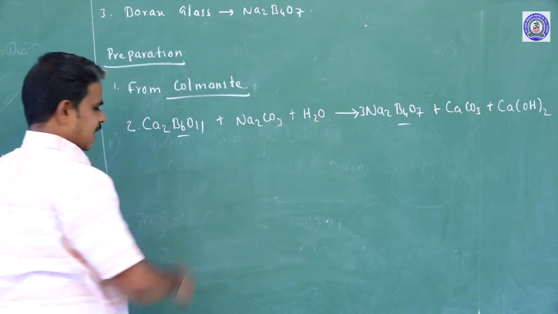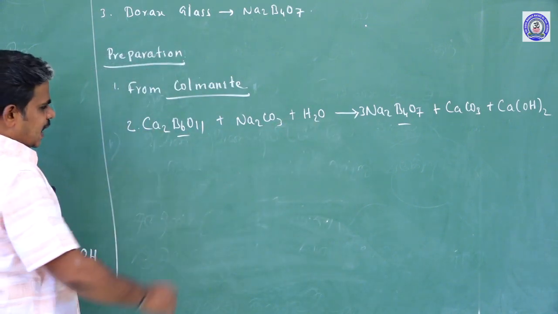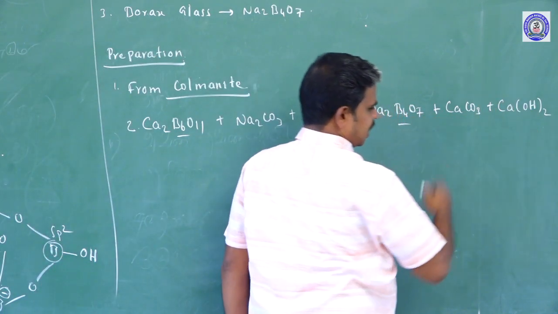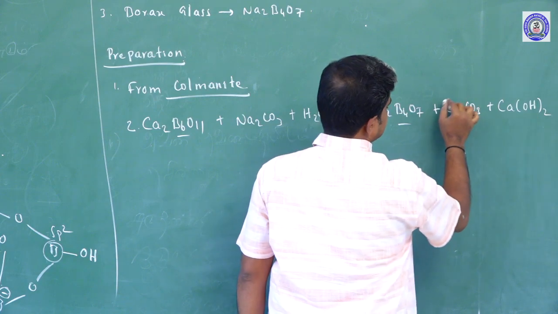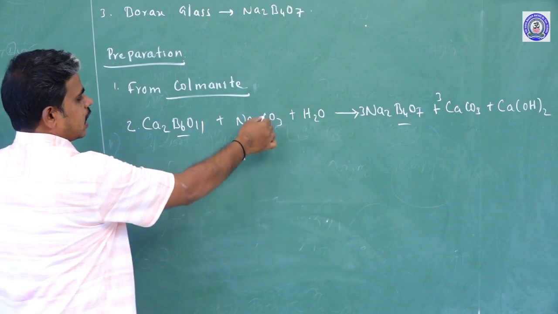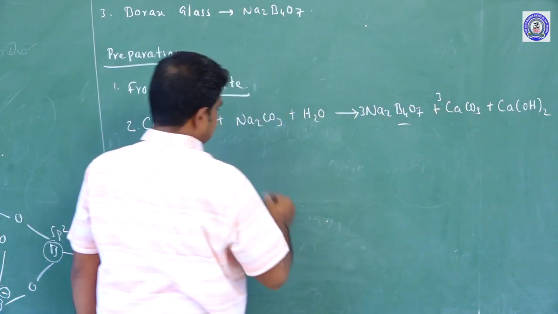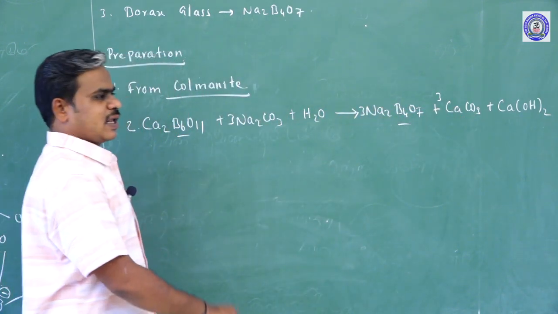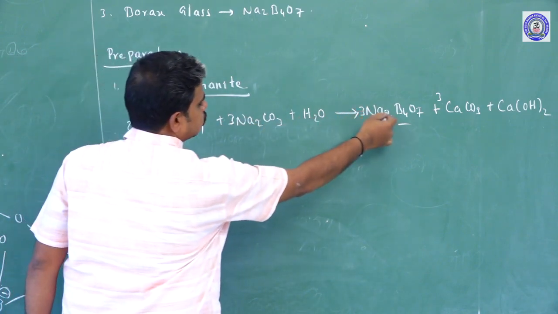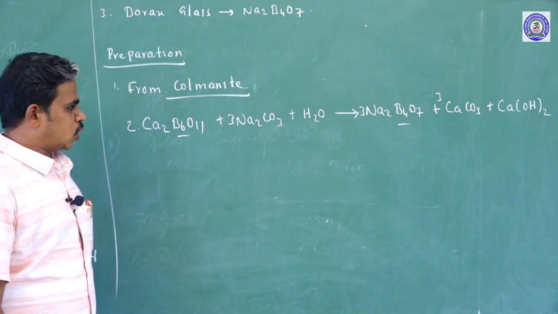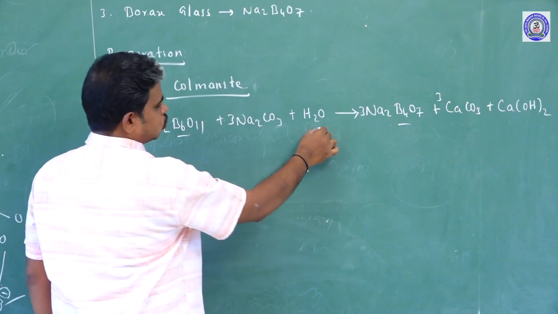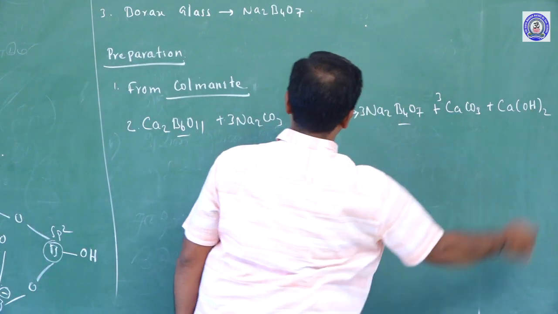So boron is balanced. Now calcium: 4 calcium is there, and here calcium and calcium, so 1 calcium is lost, so here it is 3 calcium. And carbonate, 3 CO3 is there, so here 3 CO3. Now sodium, 3 Na2 on both sides. Now hydrogen is only in H2O, so 2 hydrogen.